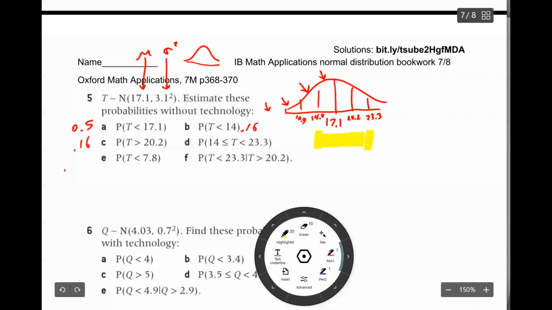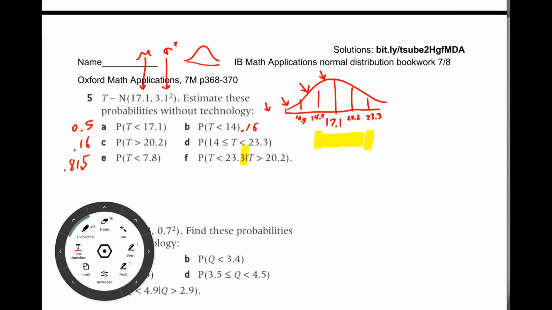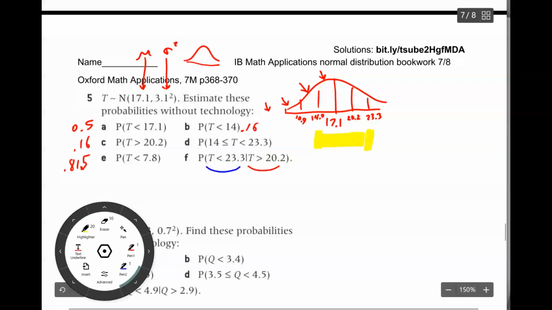They told me not to use technology, so I'm trying to do everything without a calculator. Okay, and finally, this last one is a challenge because you may remember that in the probability unit we used the vertical line to signify "given that," which is conditional probability. Basically what they're saying is, given that this red event happened, what is the probability that the blue event happens?